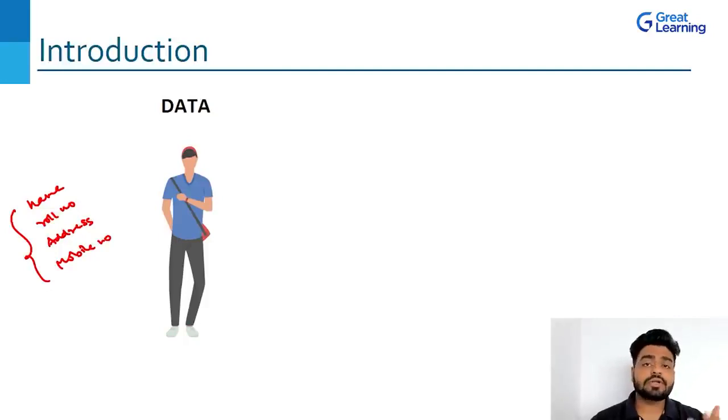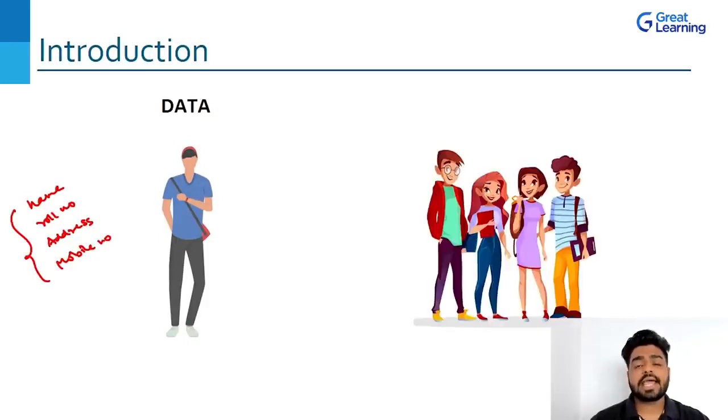Now, if you talk about a college with a group of students and I want all those students' details, that means I want his details, her details, her details, and his details also, right? Obviously, for all these students, name, roll number, address, mobile number, I want it, and it will be a huge amount of data.